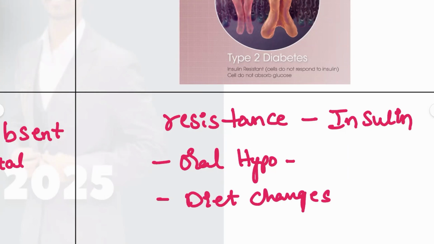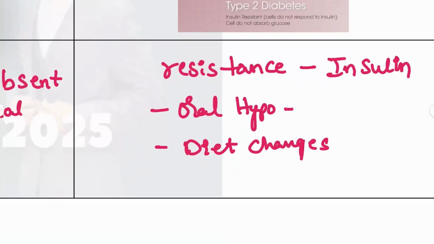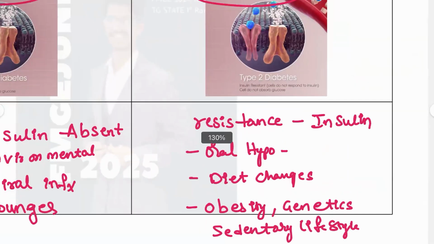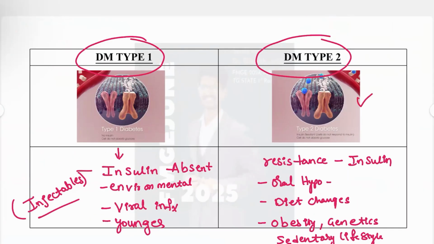What could be the cause of type 2 diabetes mellitus? Simply obesity, genetics and a sedentary lifestyle. And if type 2 diabetes mellitus progresses with complications, then we can start the patients on injectables.